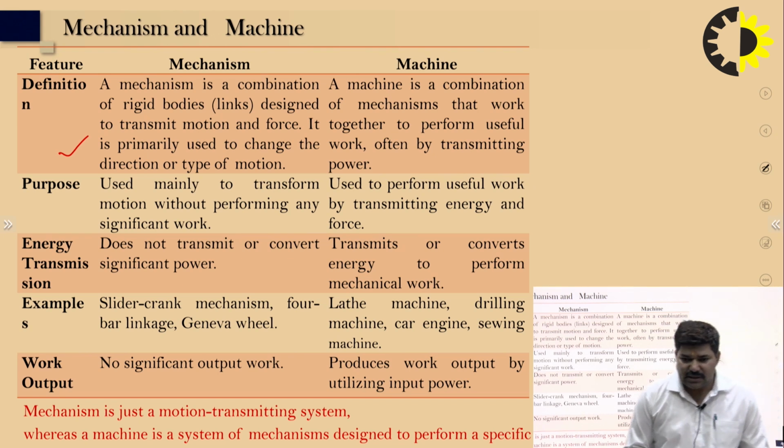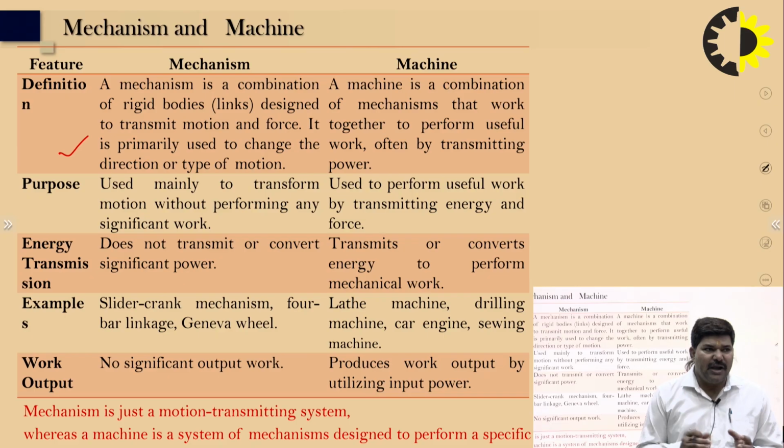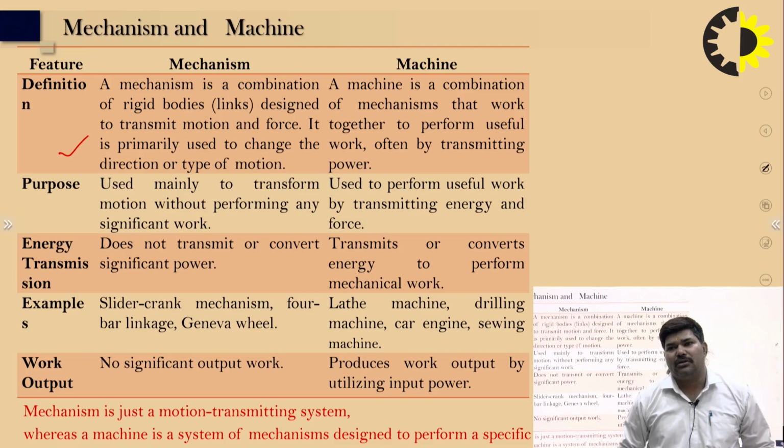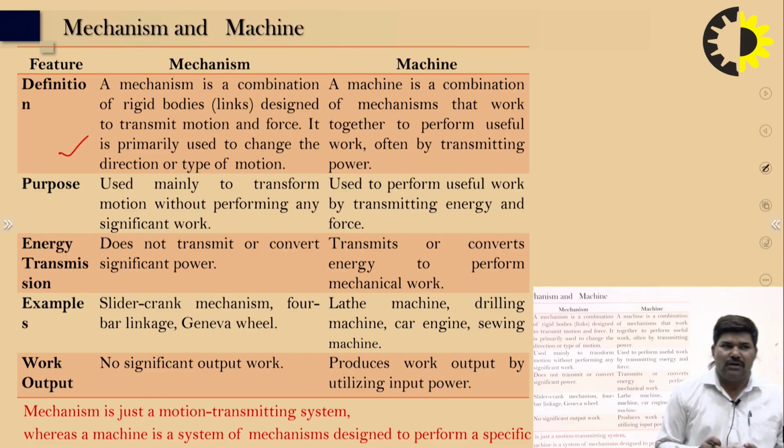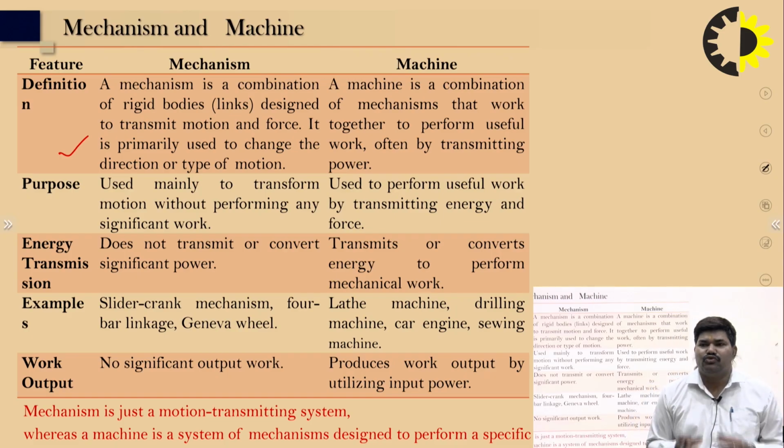So, a mechanism is a combination of rigid bodies designed to transmit motion and forces, and it is primarily used to change the direction or type of the motion. But a machine is a combination of mechanisms. In a machine, a lot of mechanisms are required, which work together and perform useful work and transmit power.